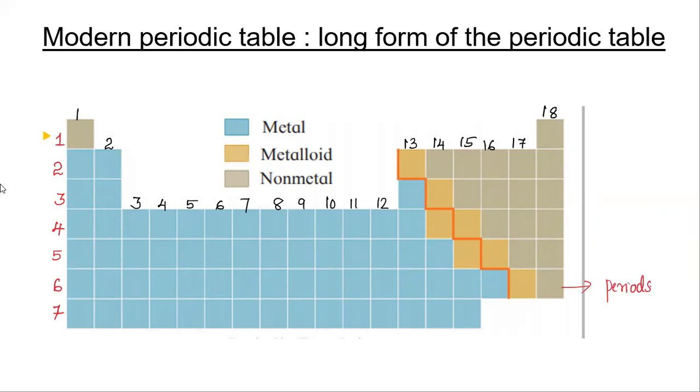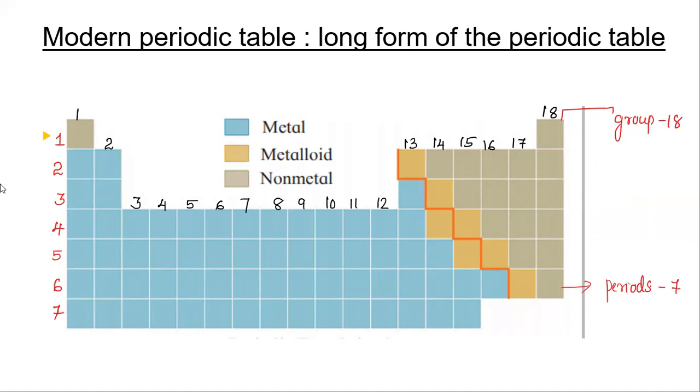So in the modern periodic table, 7 periods are there, and the vertical columns are known as groups. A total of 18 groups are there, numbered 1 to 18. Total 18 groups and 7 periods.